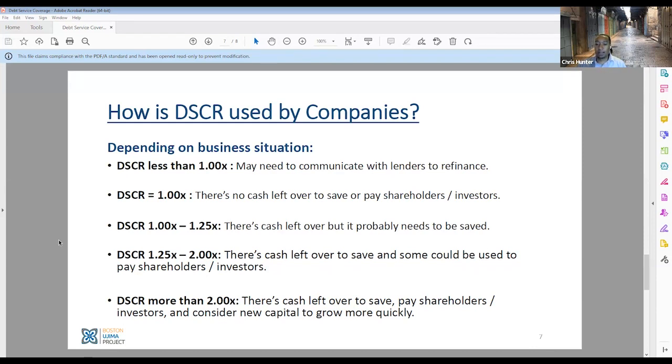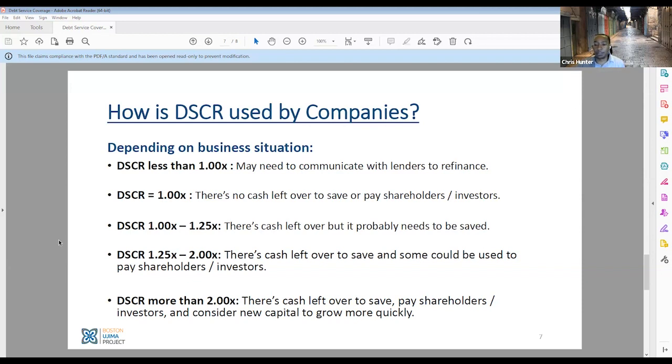And then we have the next section, where you're above that 1.25 threshold, and maybe you've made it all the way up to 2 times coverage, where you have a lot of extra left over. This is where it's much easier to have conversations with lenders. It's much easier to figure out how you can pay shareholders and investors out of those extra dollars left over after making those debt payments.